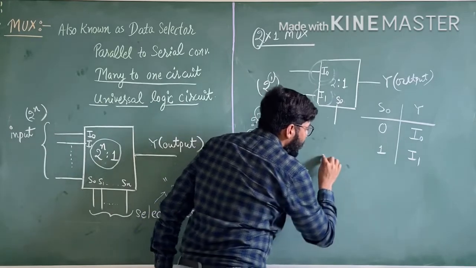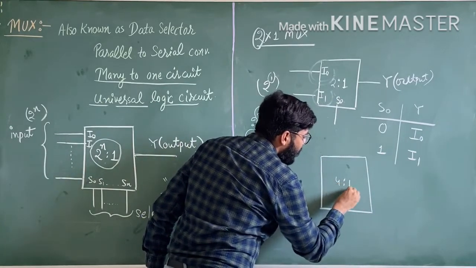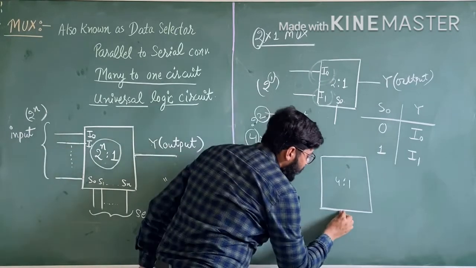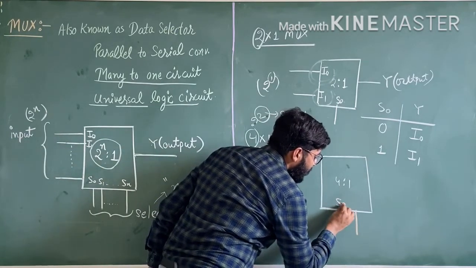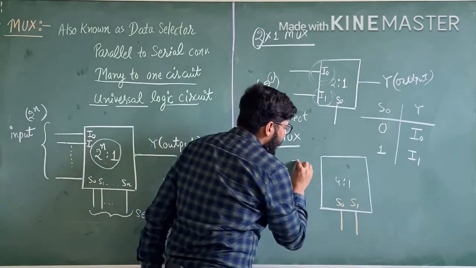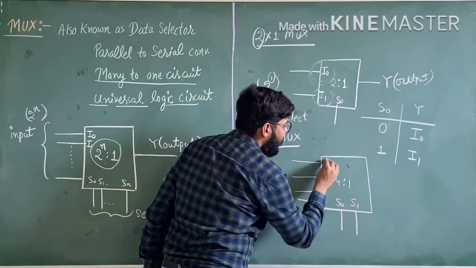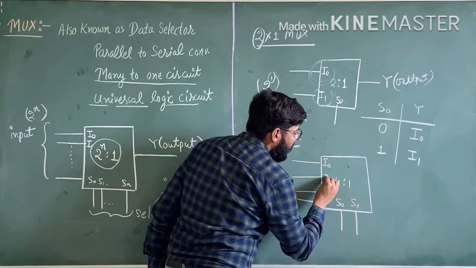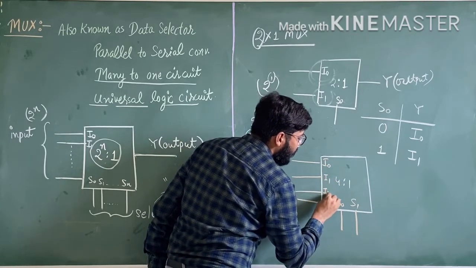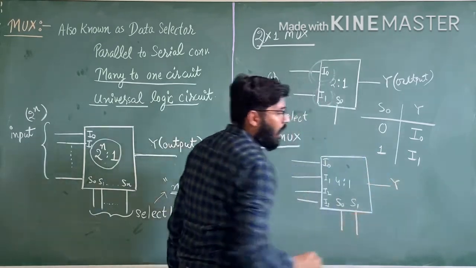So we consider a block diagram. This is the 4 cross 1 MUX. We have 2 select lines, S0 and S1, and 4 inputs: I0, I1, I2 and I3, and this is the Y output.